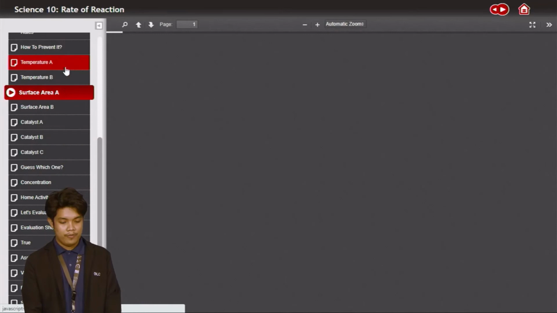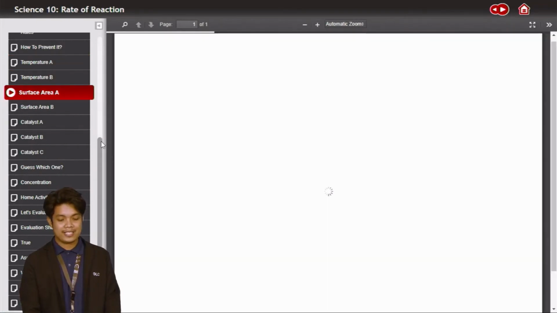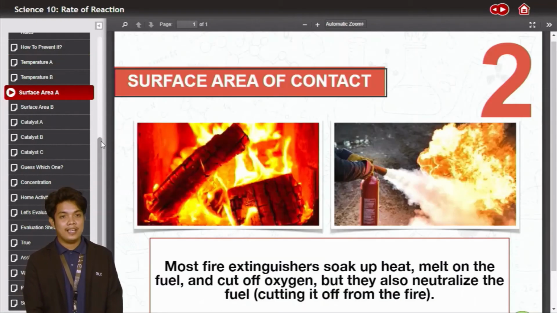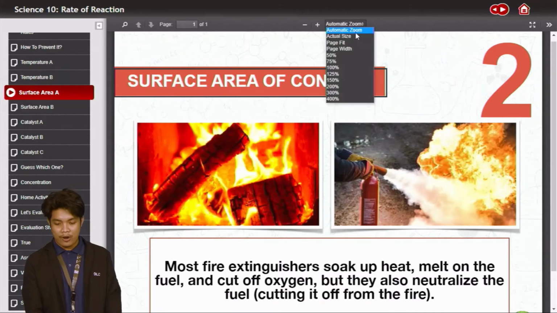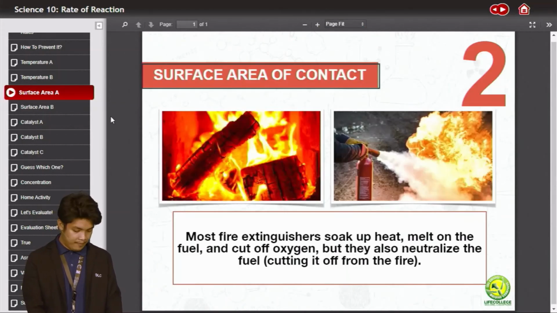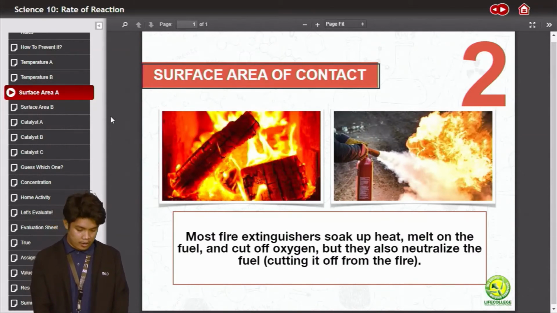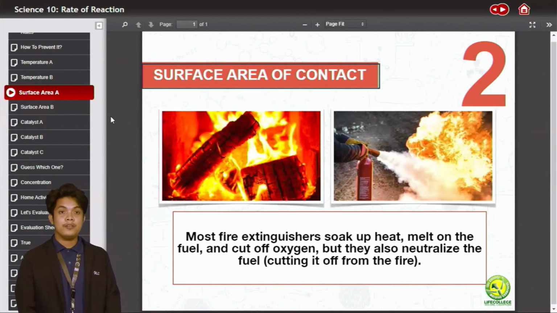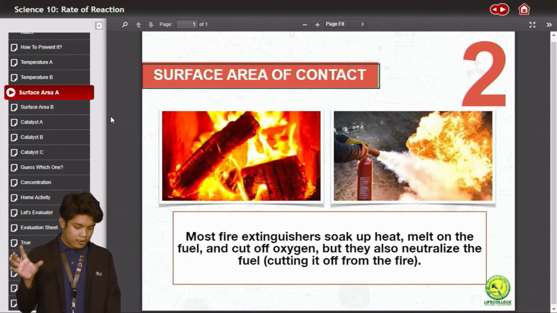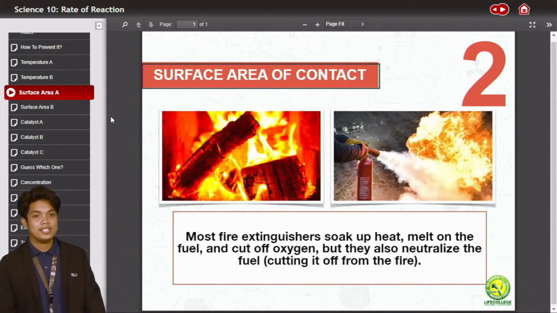So, the next factor is the surface area of contact. As we can see, fruitful collisions happen when there is contact between reactants. In combustion, oxygen and fuel react when they are in contact with each other.